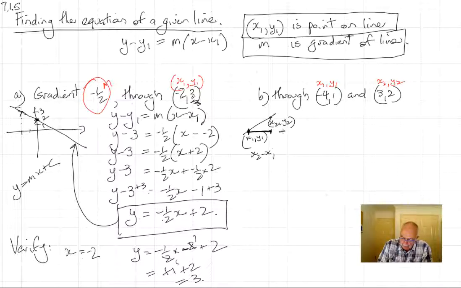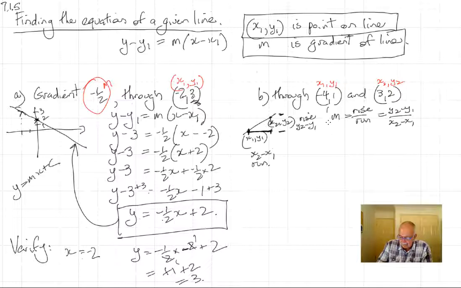And from here to here will be y2 minus y1. This is my rise, and this is my run. So if gradient m is rise over run, it's y2 minus y1 over x2 minus x1.